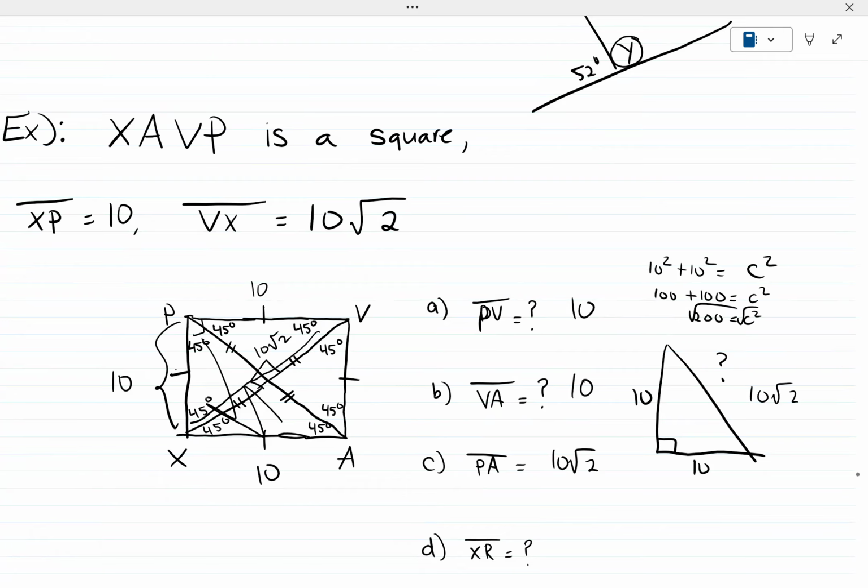Okay, letter D, what is the length of XR? X and R. R is right in the middle.